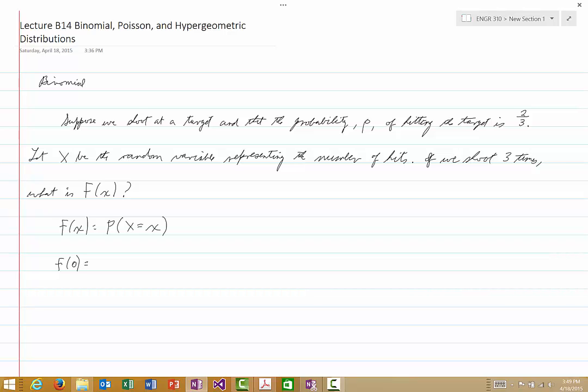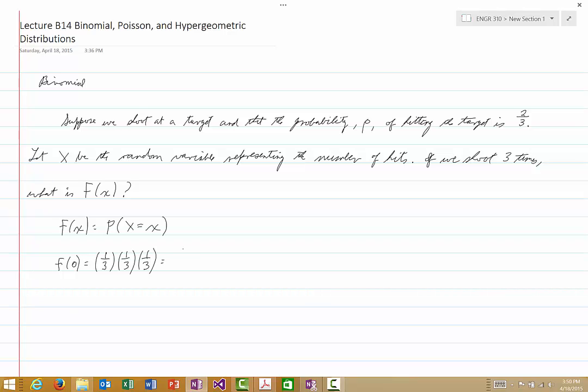What is the probability that we have 0 hits? Well, the probability of 0 hits means that we miss each time. And if the probability of hitting the target is 2/3, then the probability of missing the target is 1/3. And if we're going to miss with each of our 3 shots, then we have 1/3 times 1/3 times 1/3.